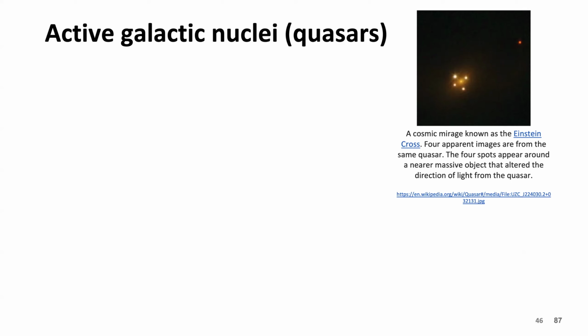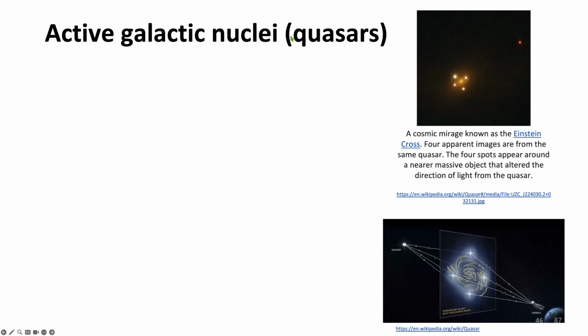Gamow even wrote a little poem about, what are you guys? Why are you so bright and so old? What's the source of energy? And we now know the source of energy in quasars, which stands for quasi-stellar objects, is a supermassive black hole that's eating everything in the neighborhood.